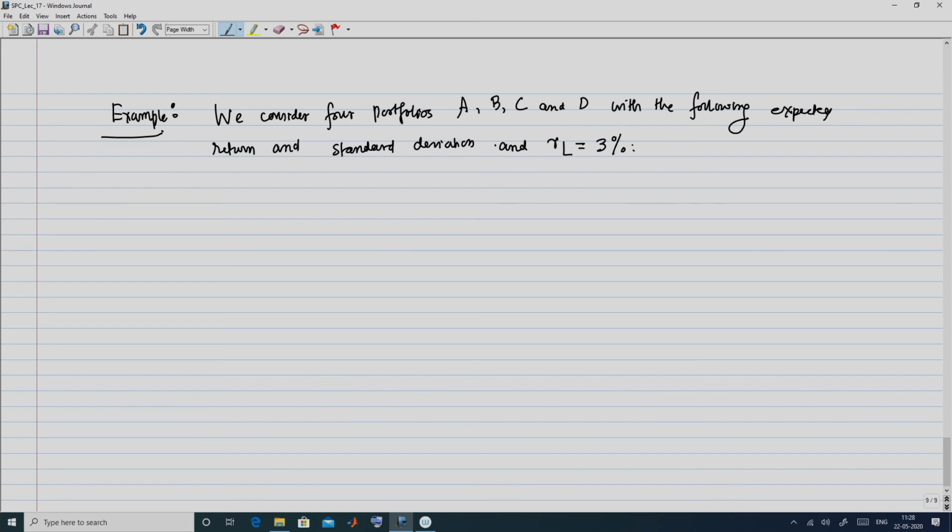That means that you want to choose a portfolio which gives at least a 3% return. So, let us have these portfolios A, B, C and D.